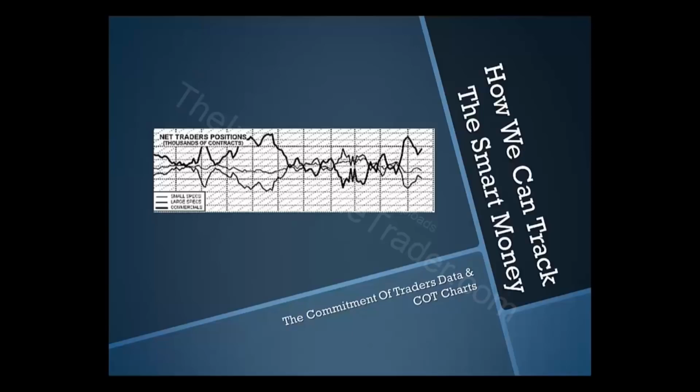The third category of traders for the commitment of traders data is the commercials. Now the commercials are grouped in two categories. You have a commercial user and you have a commercial supplier. A perfect example of that would be cocoa.